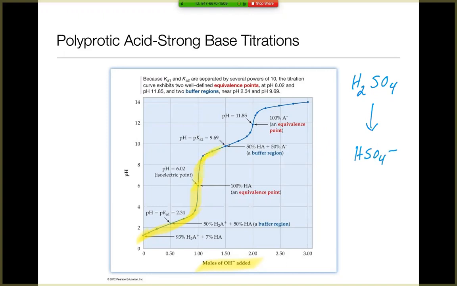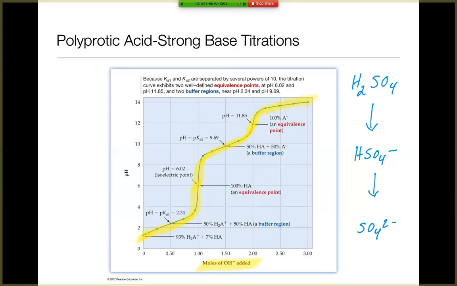And so if we stopped here, we still see that S-shaped curve, right? But if I keep titrating to the next equivalence point, what I'm looking at is what happens when that second acidic proton is removed, or that HSO4 minus is converted into SO4 2 minus. And then after that, there are no more acidic protons.